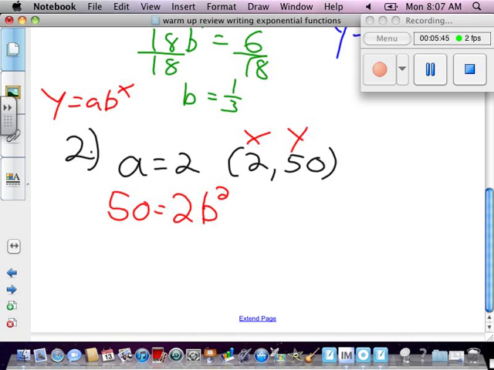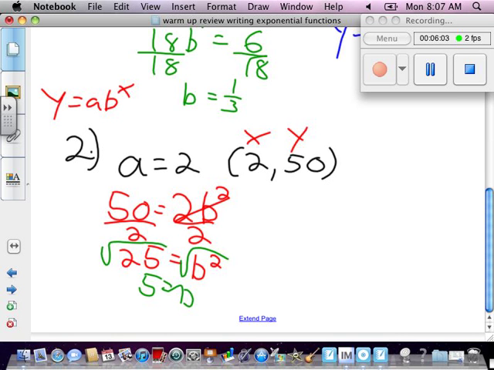Okay? Divide by 2. Do you guys remember doing this? Sort of. 25 equals b squared. Then what do? You square root it. That's how you get rid of a squared. And you get 5 equals b. And then we plug that back in.